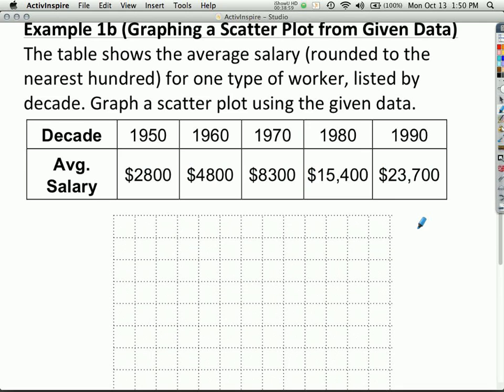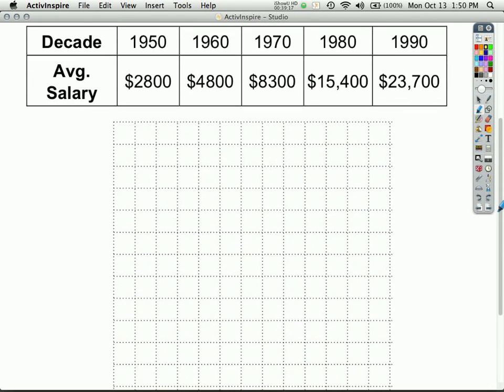So clearly I can't go by ones because I wouldn't be able to fit anything. So now I have to think about what we're going to do. Also, all the data is positive. So we have another case where we can get away with just doing quadrant 1. So let's get started with that. And let's just set up quadrant 1.